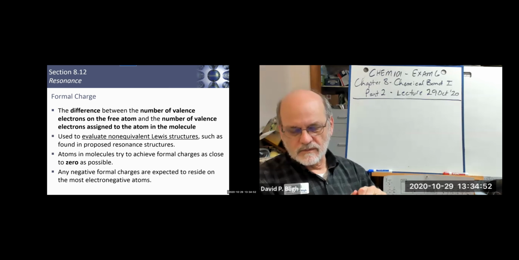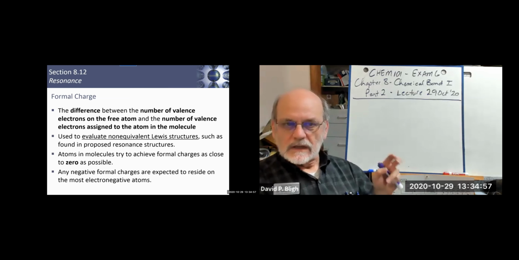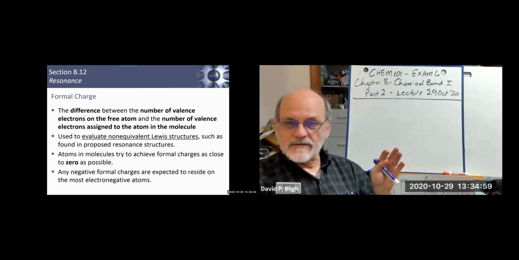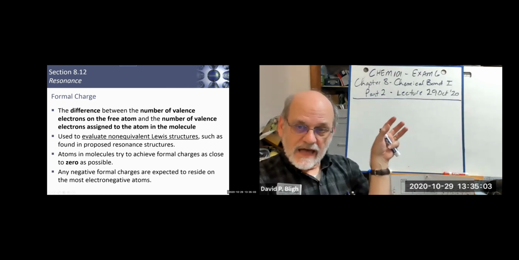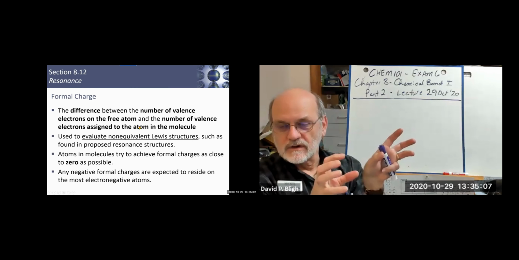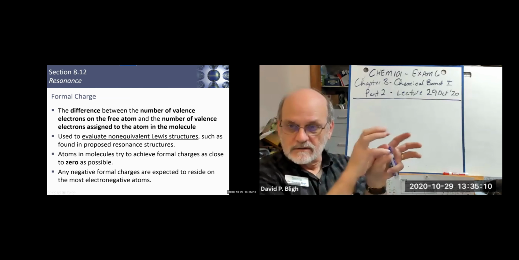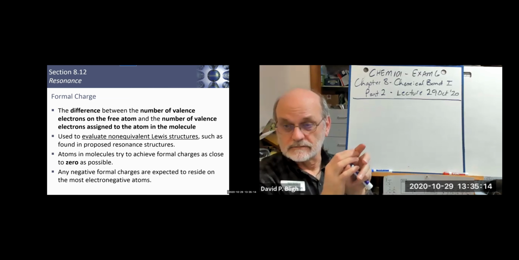You take the difference between the number of valence electrons on the free atom before it bonds and the number of valence electrons assigned to the atom in the molecule. Subtract that from the free atom valence electrons and see what you get.